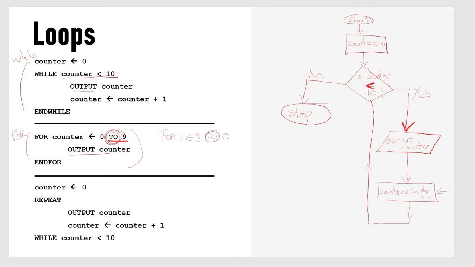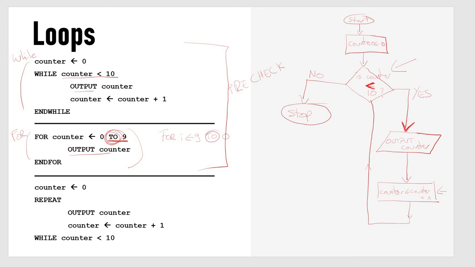Now, looking at this, we can see that before any instructions are executed, the condition is checked first. So this is what you call a pre-check type of loop. These two loops over here, the while loop and the for loop, are pre-check.